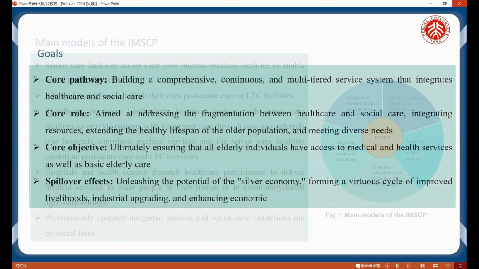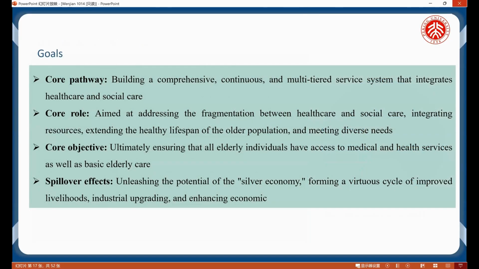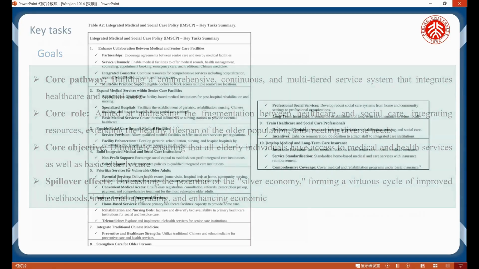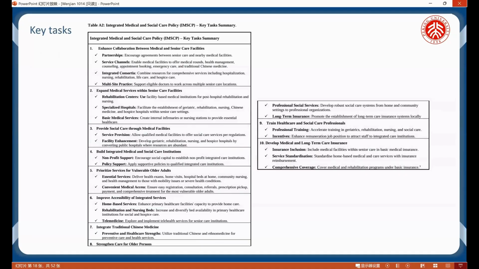Here are the goals of the IMSCP. The core pathway is building a comprehensive, continuous, and multi-tiered service system. The core role is aimed at addressing the fragmentation between healthcare and social care services. Here are 10 key tasks for the IMSCP.